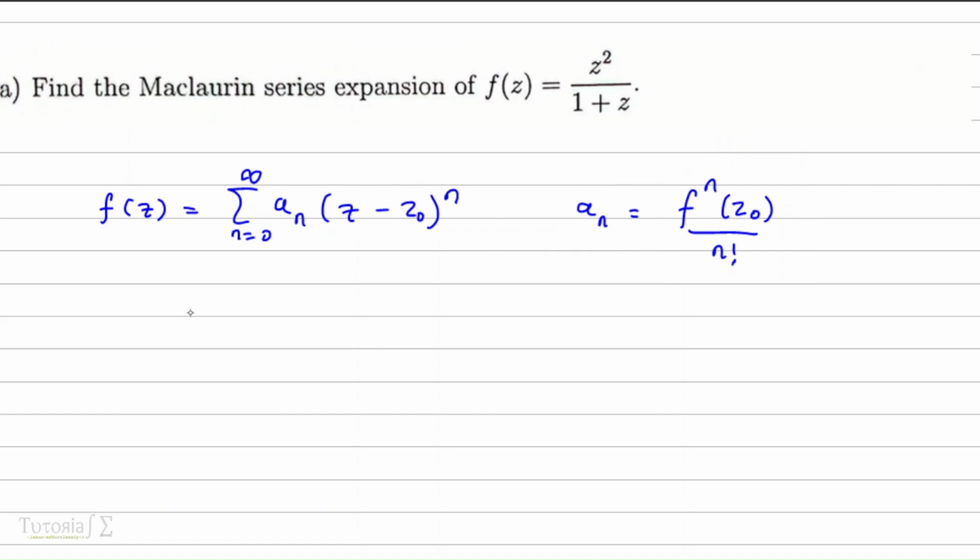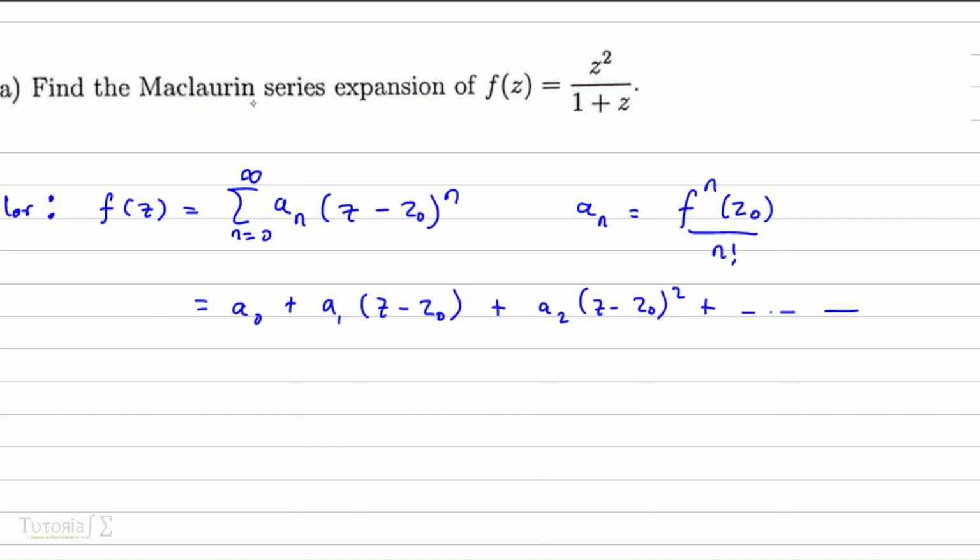The expansion simply becomes a naught when n is 0, since z minus z naught to the power 0 is 1, plus when n is 1 we have a1 times z minus z naught, plus a2 times z minus z naught to the power 2, plus, and so on and so forth. So this is a Taylor series.